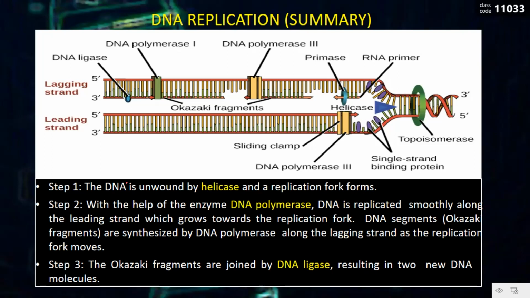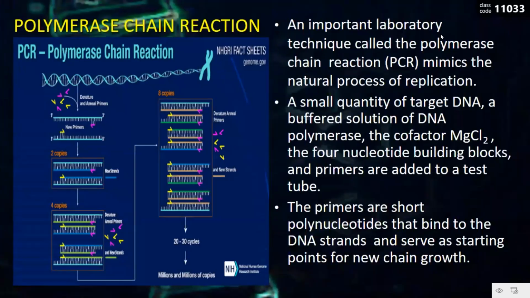So with our technology now, DNA replication can actually be done in the laboratory through a machine or a process called polymerase chain reaction or simply PCR. Okay? Polymerase chain reaction or PCR. So what is PCR?